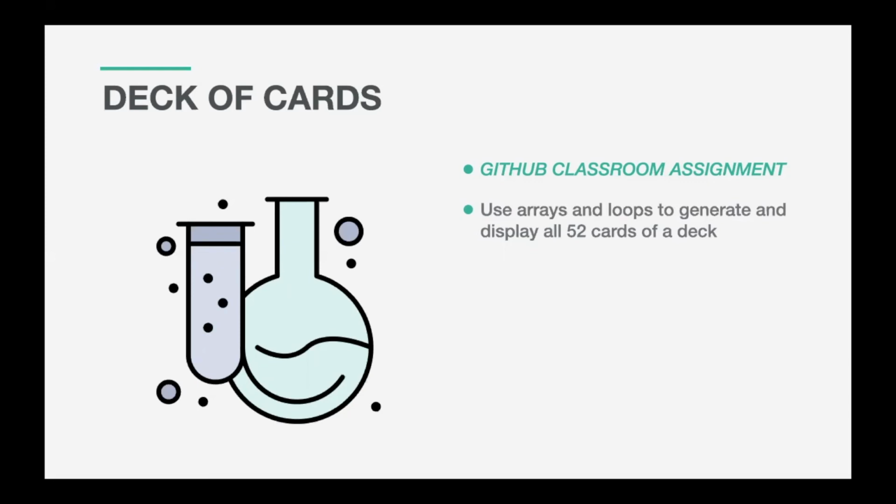So you're going to be creating all 52 cards with that. Then you're going to be using the rand function to generate 52 random cards. So the first one is all 52 cards, and the other one is 52 random cards. So you can duplicate cards in the random function, but you're just developing random cards there.